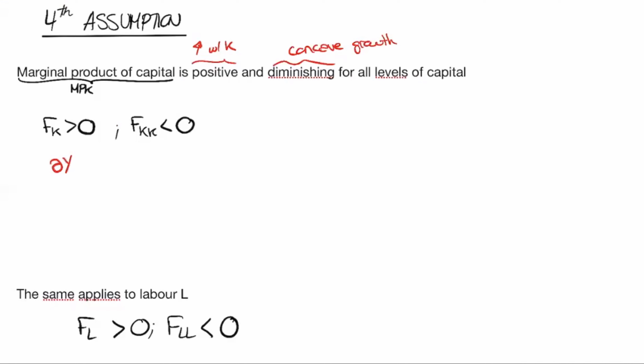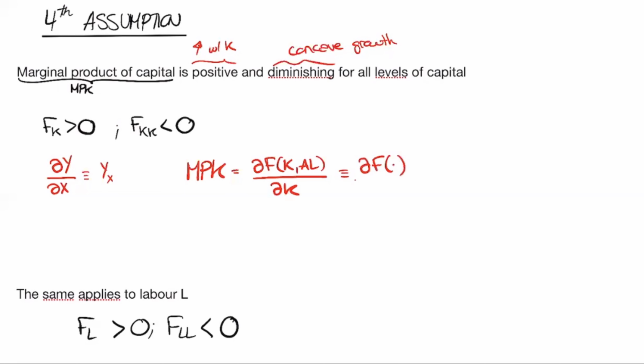And so just to be clear with the mathematical notions, remember that the derivative of y with respect to x can also be written down as y_x like that. And so basically MPK is equal to the derivative of the production function F with respect to K, okay? And it is equivalent to say that derivative of F, I'm just putting a dot because I don't want to write all again. And this is equivalent to F_K.